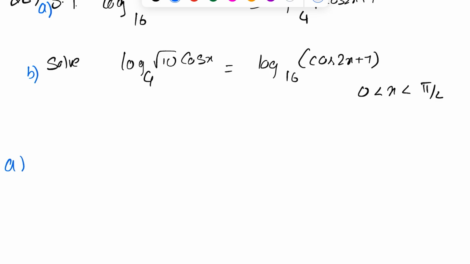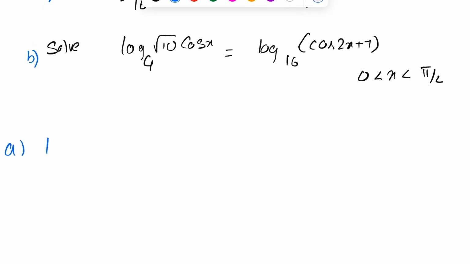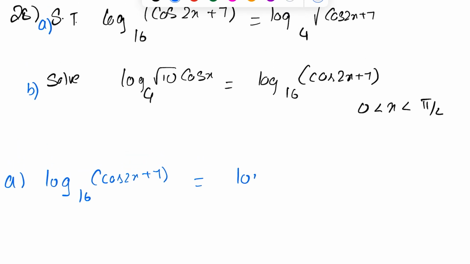So for part A, log of (cos 2x plus 7) to the base 16. How can I write that? As log of (cos 2x plus 7) to the base 4 square. Power 1: 1 comes to the numerator, 2 comes to the denominator.